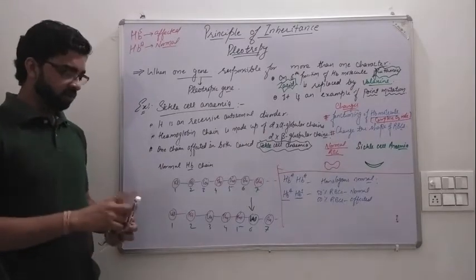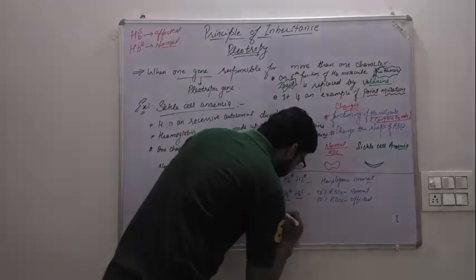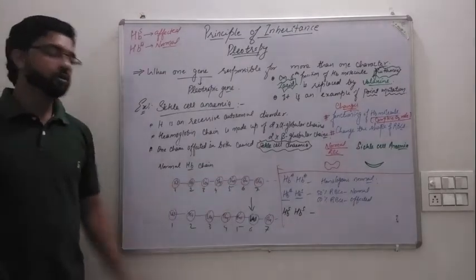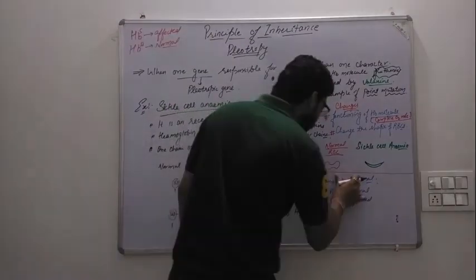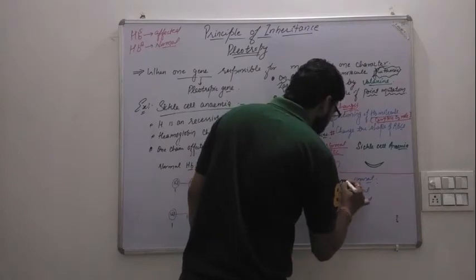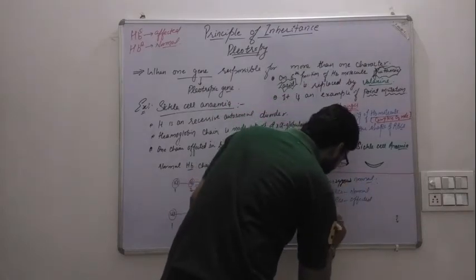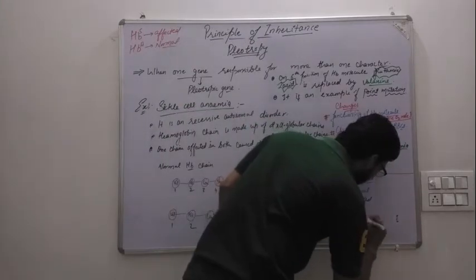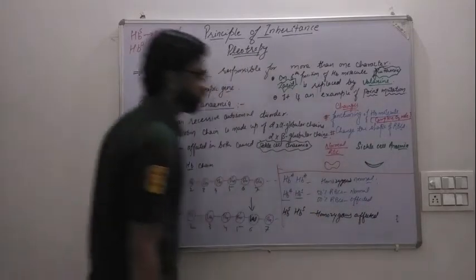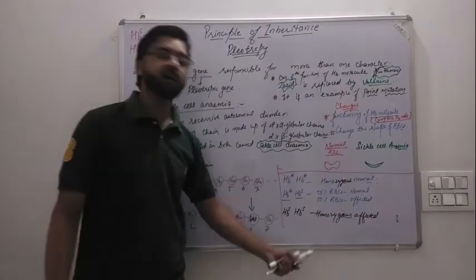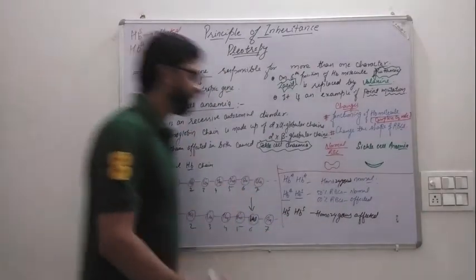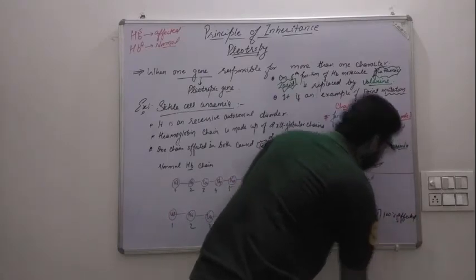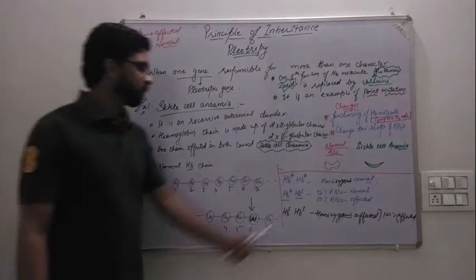The third and most dangerous condition is HbS HbS, a homozygous affected condition. It is 100% affected and will not survive long, so it is death.